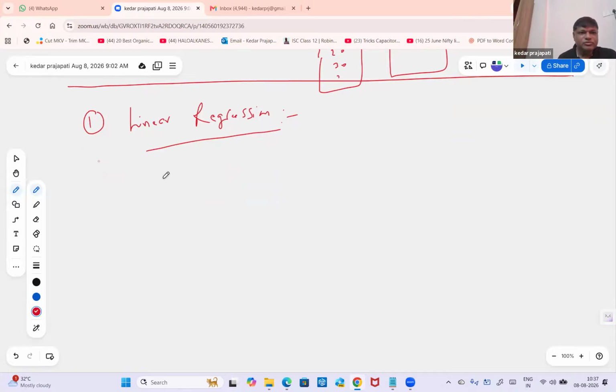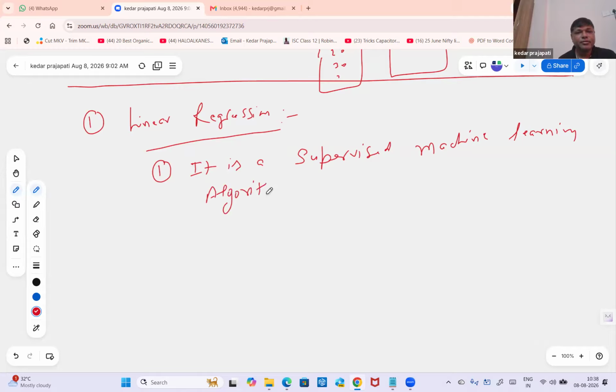So linear regression, first one is it is a supervised machine learning algorithm. What is the meaning of supervised here?